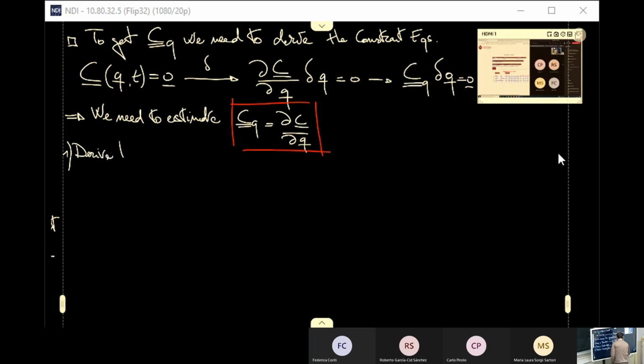So, derive the constraint equation. I will call it the constraint equation, like this, for the ground constraint. So let's start from there. How do you do that?